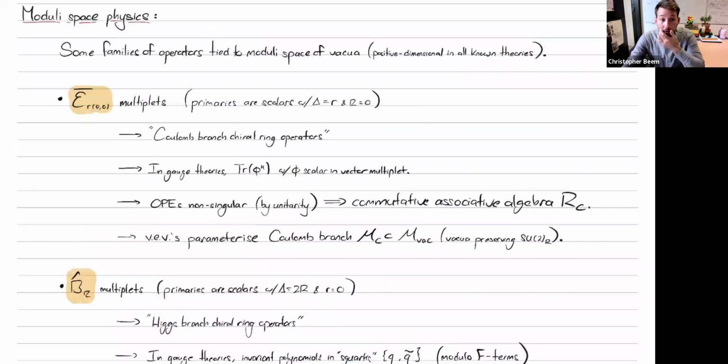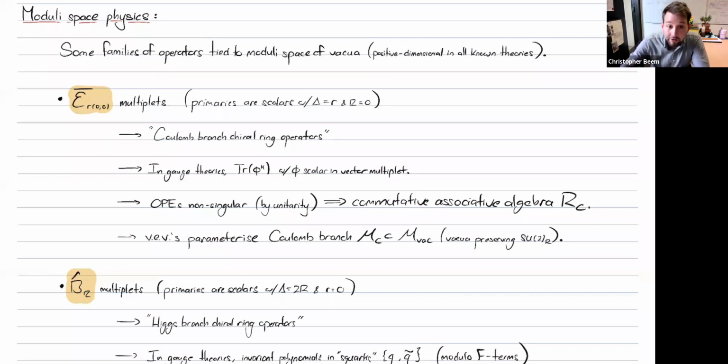So you could look to have a little bit more intuition based on moduli space physics, although this is a slightly unsettling perspective if you're a really dedicated Bootstrap person, because the connection between sort of Bootstrap data and the language of moduli spaces of vacua hasn't really been understood.